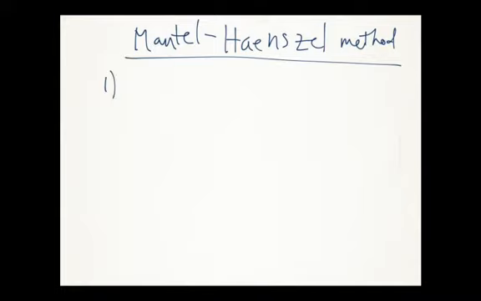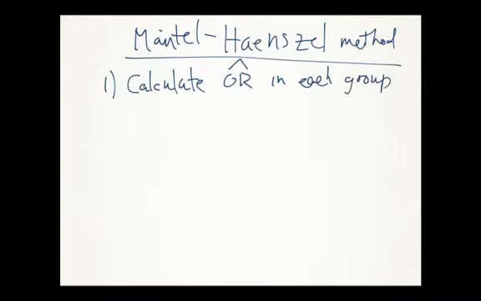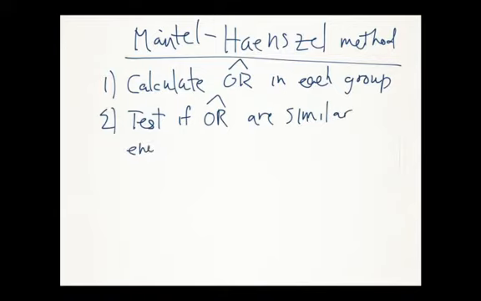First, we calculate the estimated odds ratios in each group. So in our example, we had the younger age group and the older age group. Then in step 2, we have a statistical test of whether the estimated odds ratios are similar enough to combine.